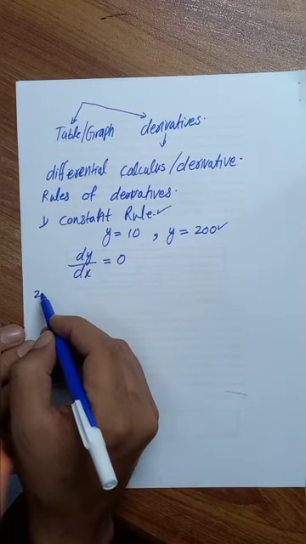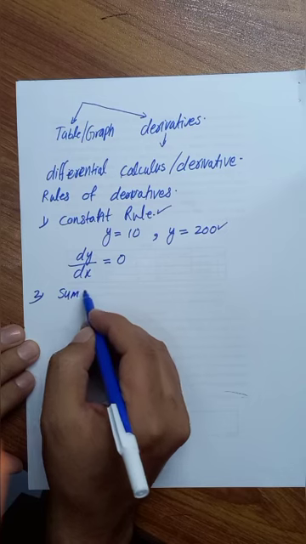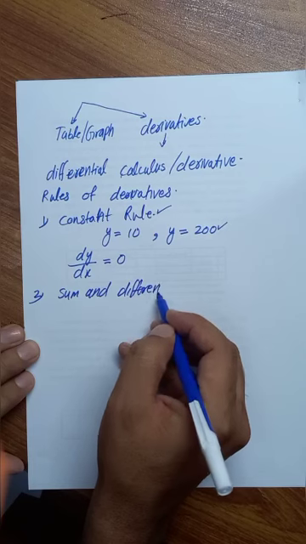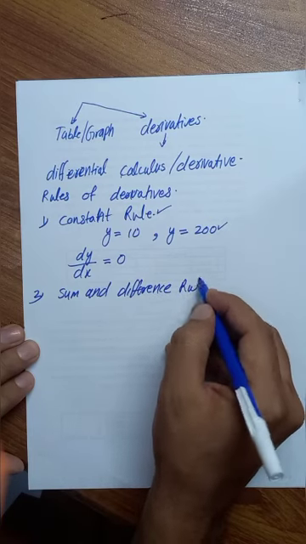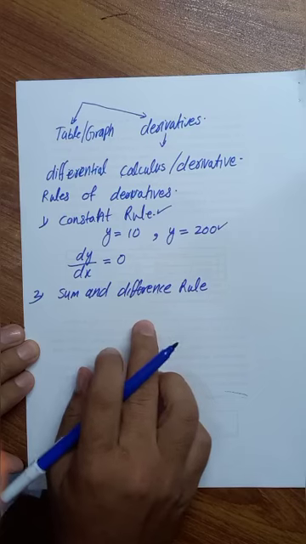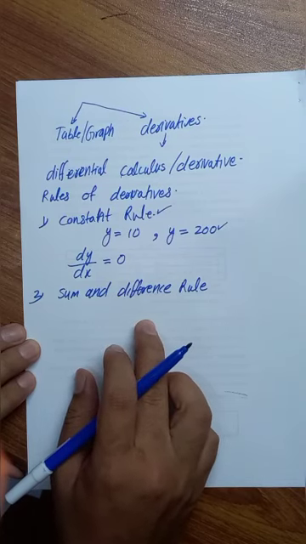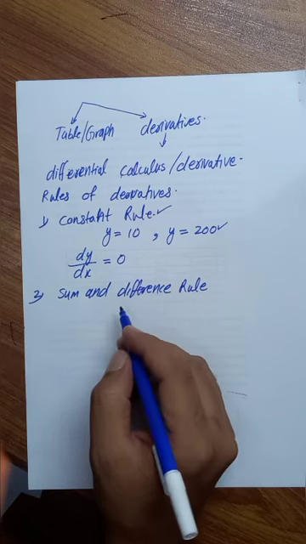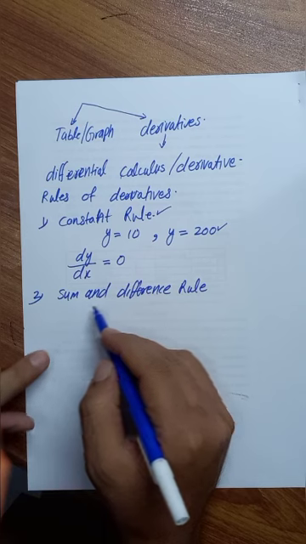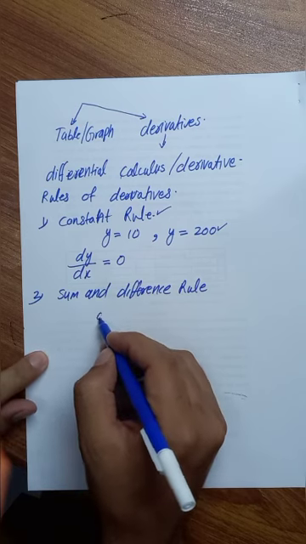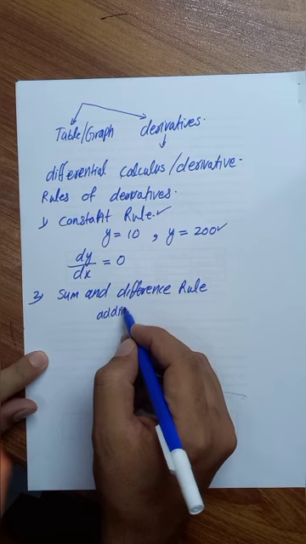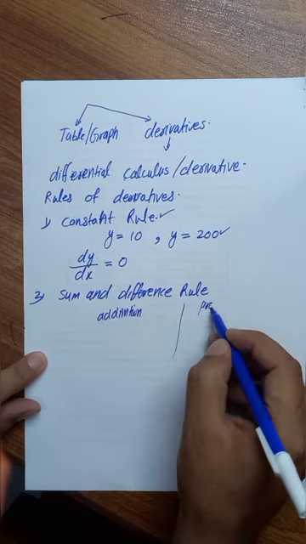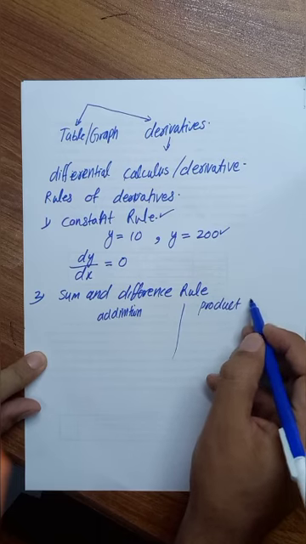Then we are talking about the sum and difference rule. The sum and difference rule is not discussed by Mem Aisha Jabin, so it's better to know about this. In sum and difference rule, addition and product means multiplication.